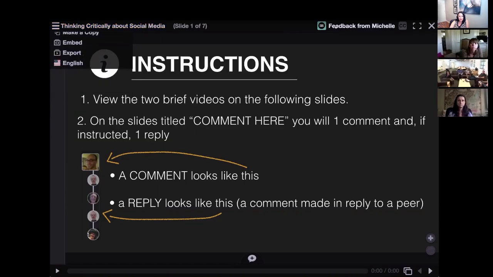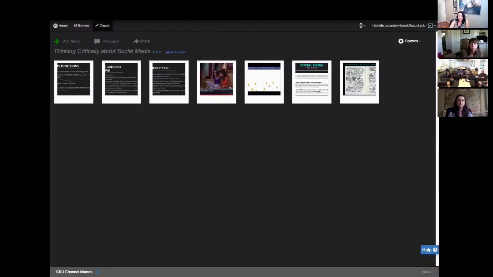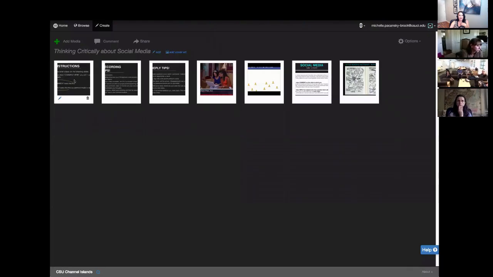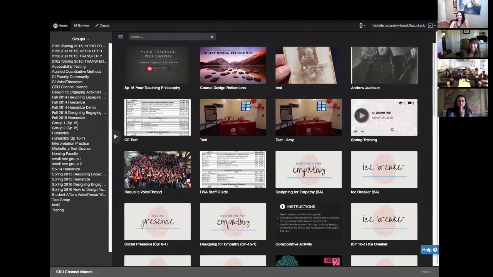What I usually do is go into edit, then under options go to playback settings, and that's where you can enable threaded commenting. Of course, you need to tell students about it, and that's why I created that slide you were just looking at. It's a slide I have shared on that resource page I showed earlier, so you could upload it into your own VoiceThread. A little tip for y'all.